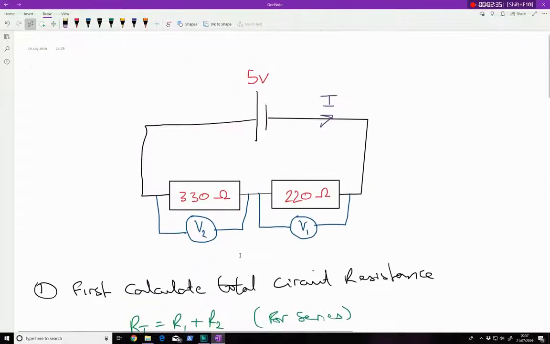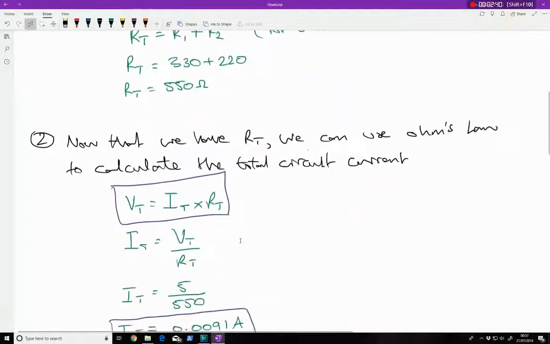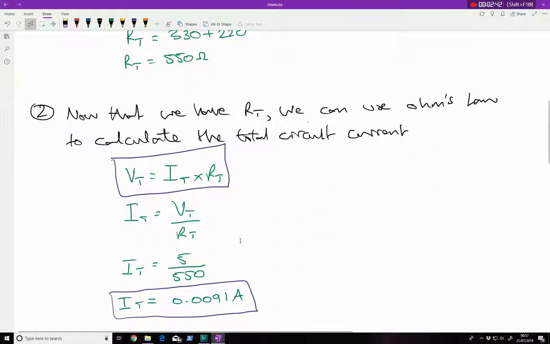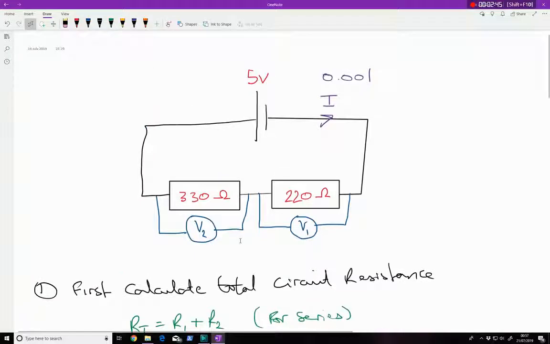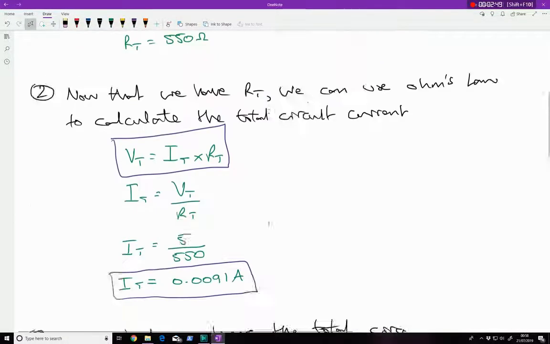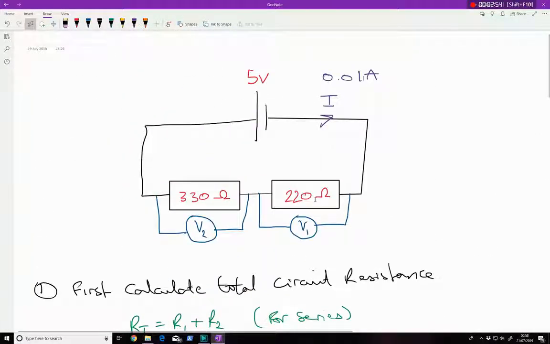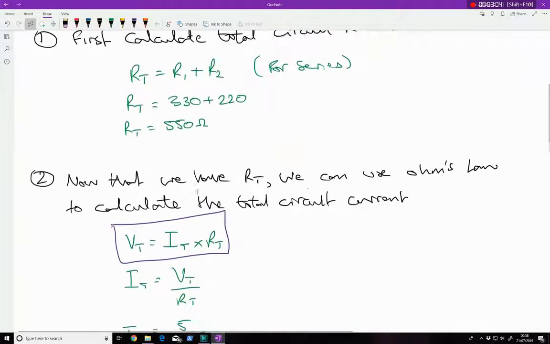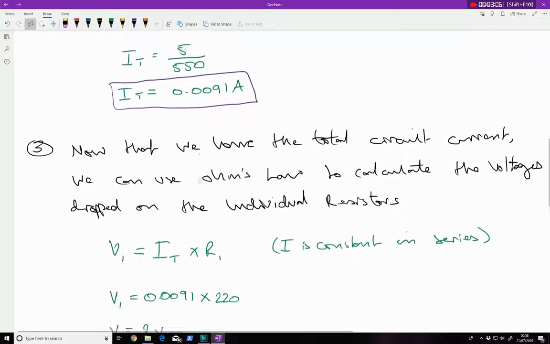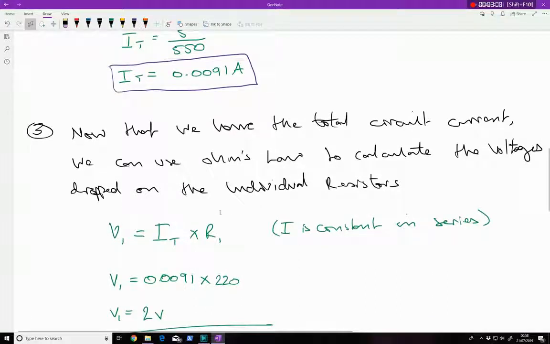Now this is very important because that same current of 0.01 amps is flowing into this resistor and into that resistor. So this current is carrying 5 volts and it's dropping some of it on that resistor and dropping the rest on that resistor. So we can use that to look at each resistor individually.